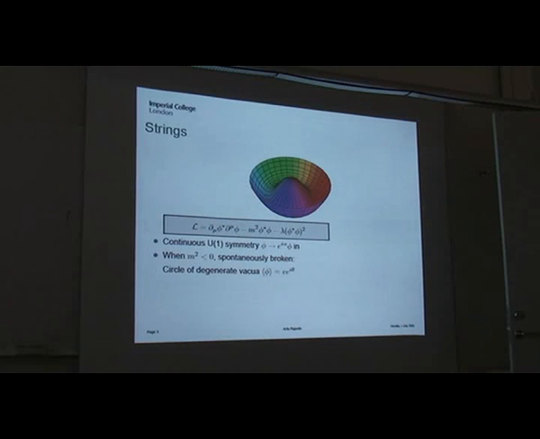So you have a potential with U(1) symmetry like this, and there's a circle of possible vacua. The vacuum manifold is in general the set of different vacuum states.